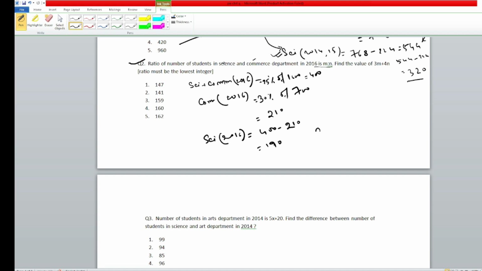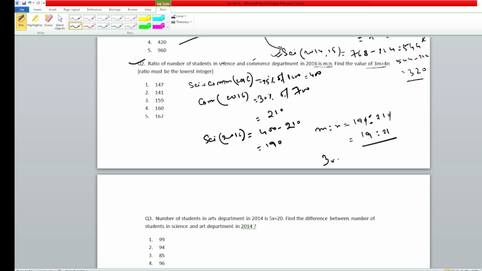That is, m is to n equal to 190 is to 210. Zero cancels, 19 is to 21. Then find the value of 3m plus 4n.